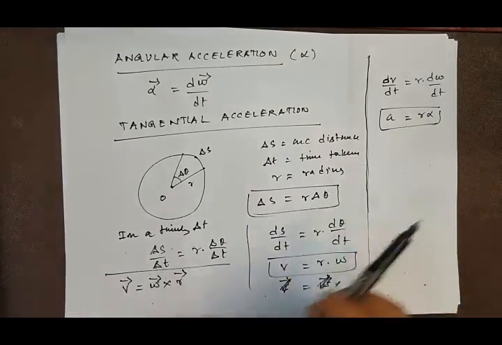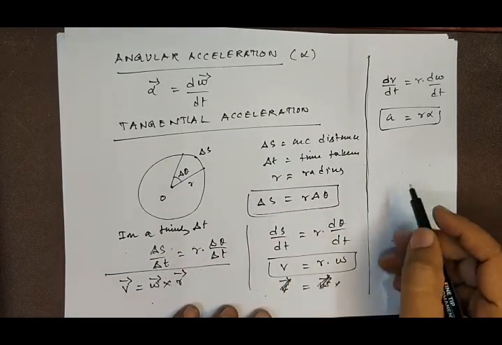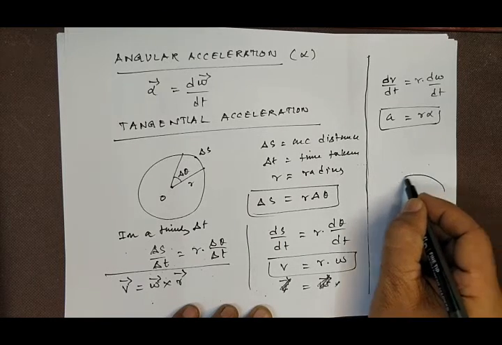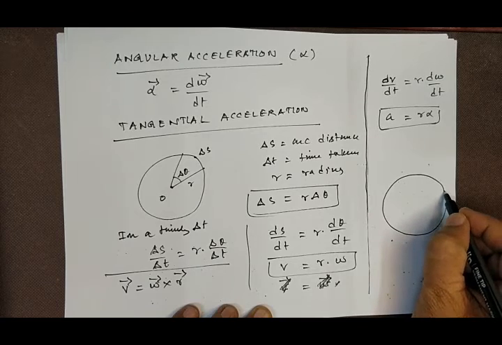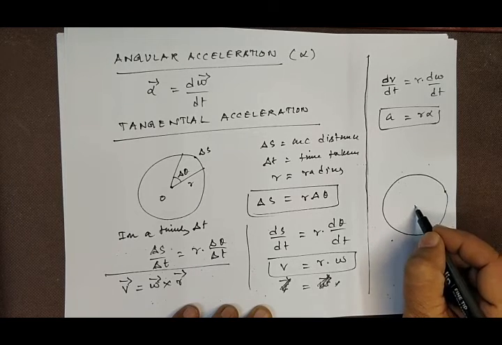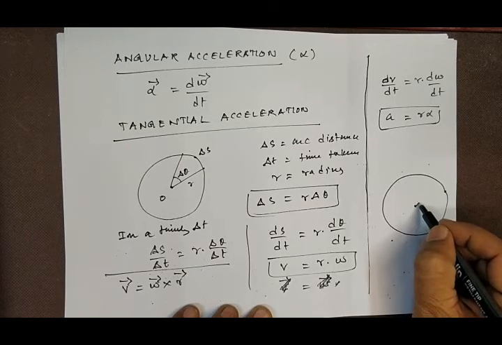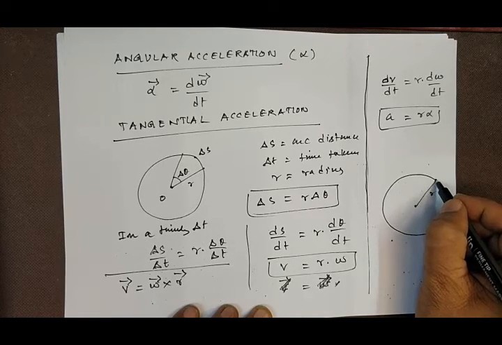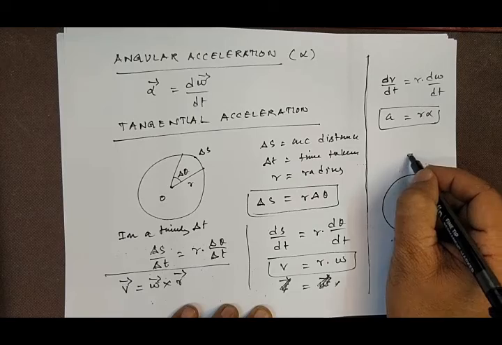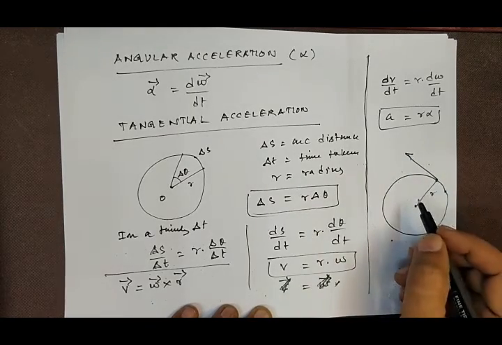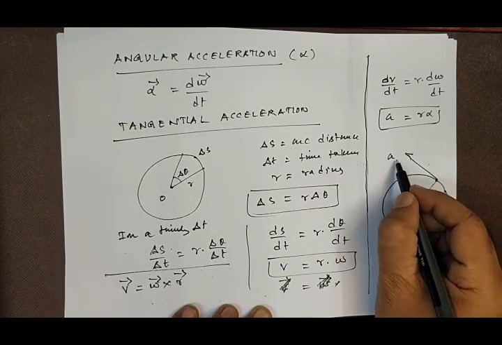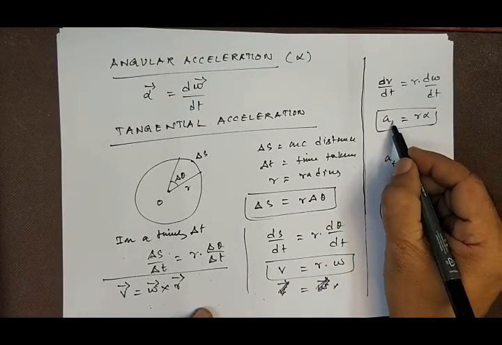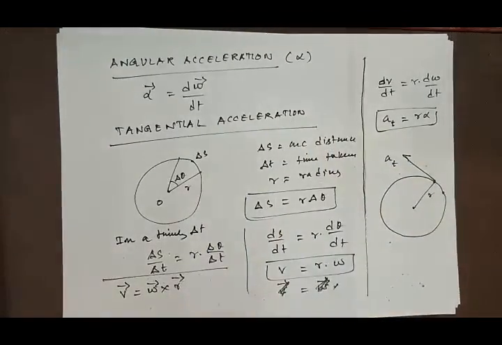Let me explain with the help of a diagram. Now let us consider a circular motion like this. So this is the center of the circular motion, O. Let me consider r. From this, an object experiences a linear velocity tangentially, and that is the tangential acceleration. You can mention this as AT also, tangential acceleration.